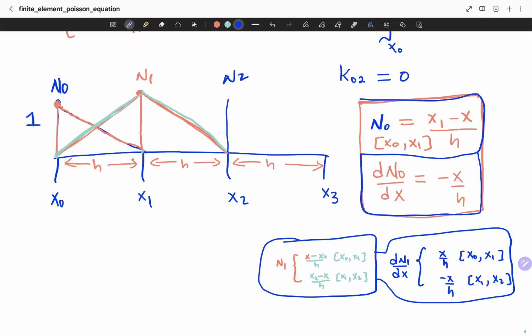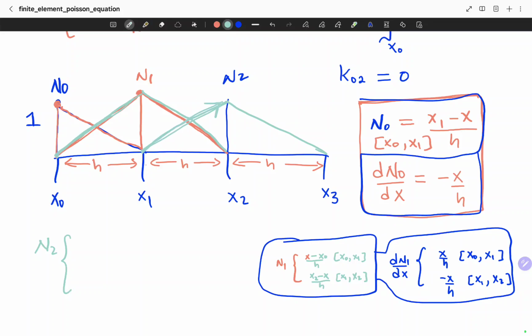The same process. n2 is connected to n1 and is connected to n3. So n2 will have this.